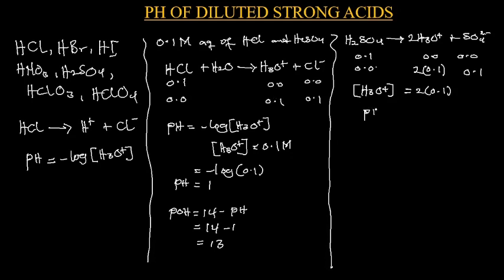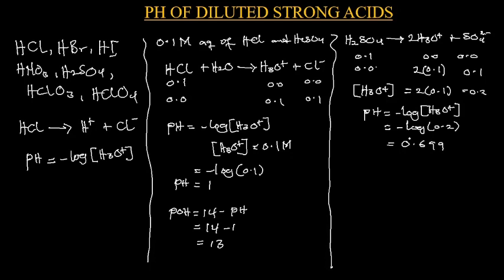So pH is going to be negative log of H3O+, which is minus log of 0.2. So what is the value of pH? pH over here is going to be 0.699. Okay, that's a very strong acid there.